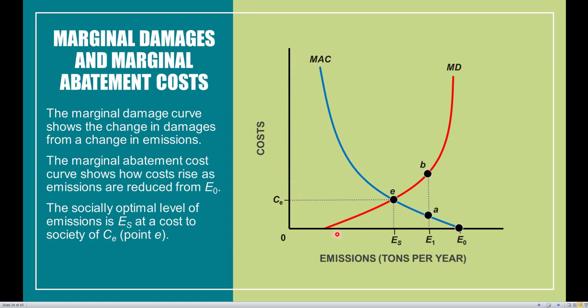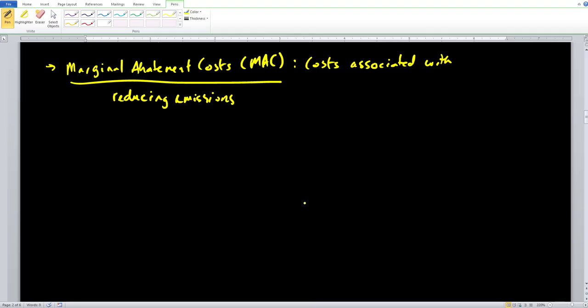On the other hand, we have the MD, the marginal damages, that red line right there, and these are changes in damages that come from a given change in emissions levels. So next, the marginal damages, MD for us.